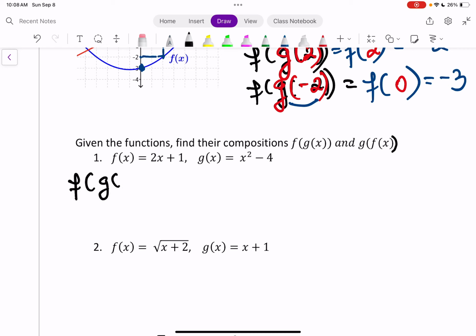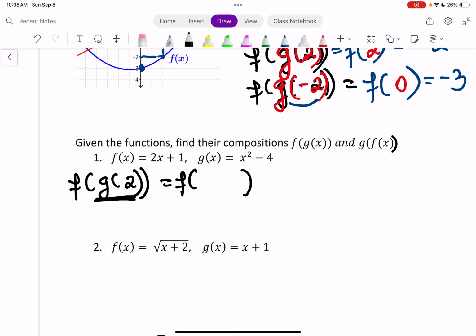This time I don't have tables of values. I don't have graphs. I have the equations. So what does this statement here say? This statement here says, leave the f for now. The first thing you want to do is plug in a 2 into the g function.